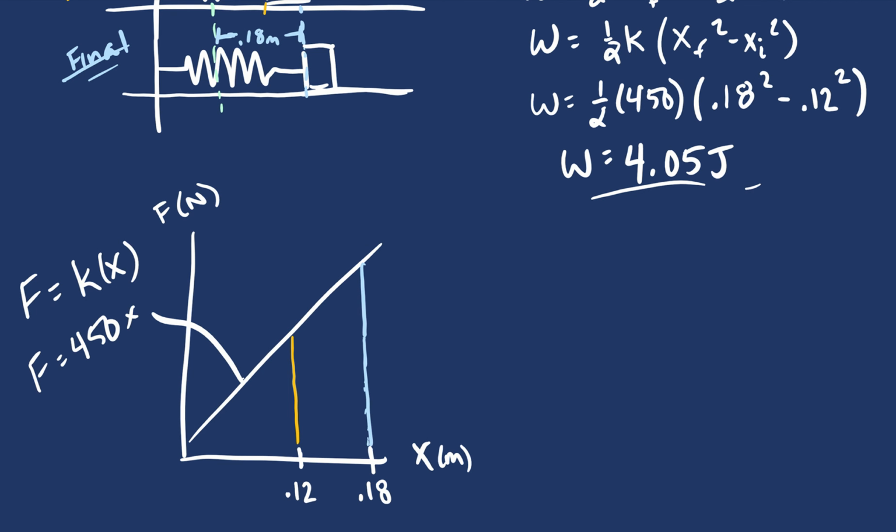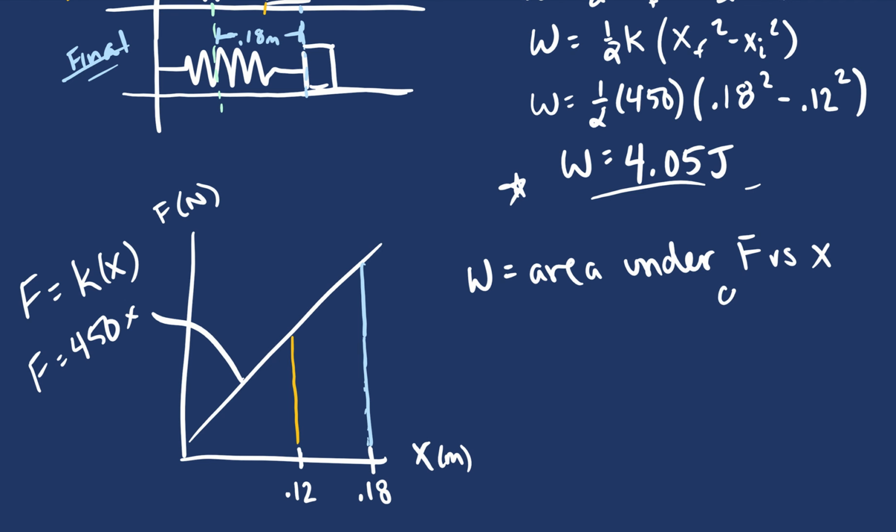So our slope is 450 newtons per meter. From our understanding of a spring, the spring constant is basically the slope of that F versus displacement graph. Now, we're trying to find the work graphically. Work is the area under a force versus displacement curve, F versus x.